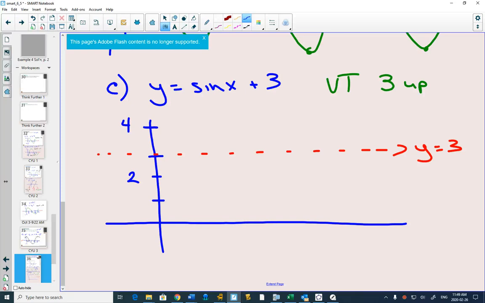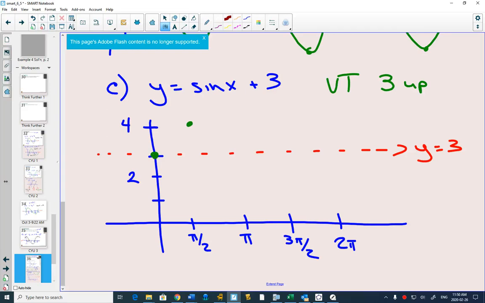The B value is 1. So our period is still 2 pi, and we're always going to take our period and divide it into 4 equal sections. Where does the sine graph start? On the sinusoidal axis. There's our start. Going up.